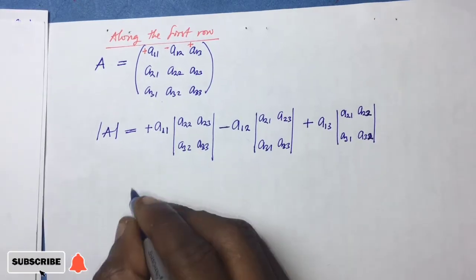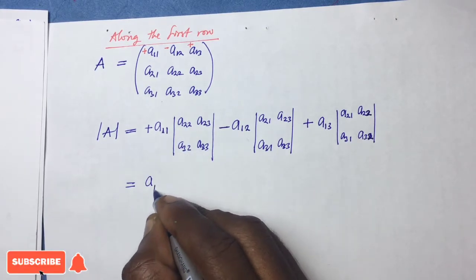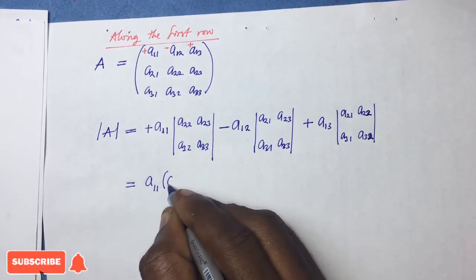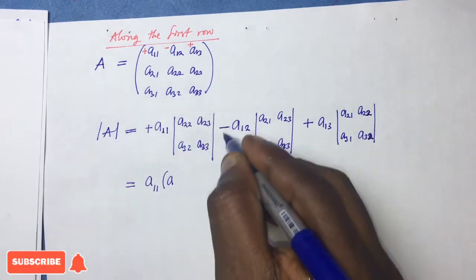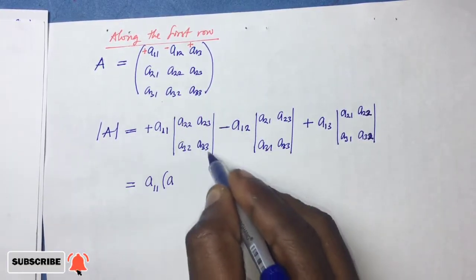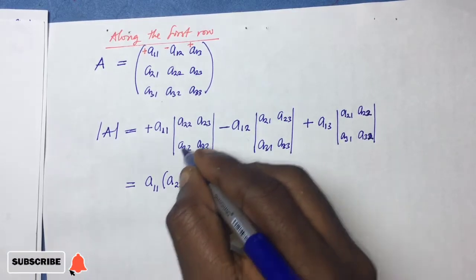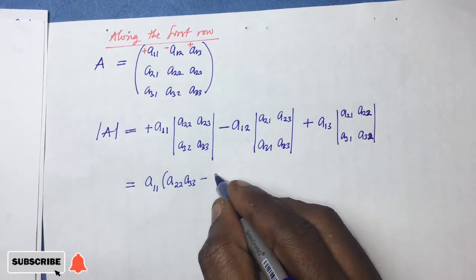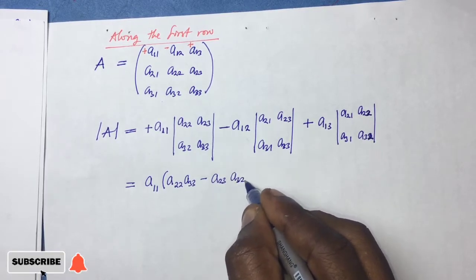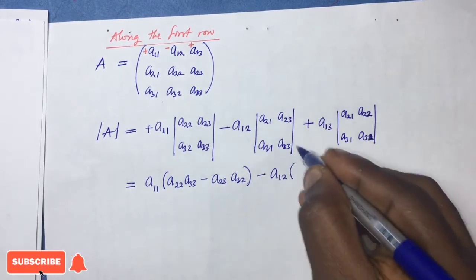This is what you do. Now this will reduce to, remember, plus A11 is same as A11, so I'm going to write this times the determinant of a 2 by 2 matrix. The way we obtain it, it will be the product of these elements along the principal diagonal, A22, A33, minus the product along the auxiliary diagonal, A23, A32. Minus then A12 here. Obtain the determinant here.